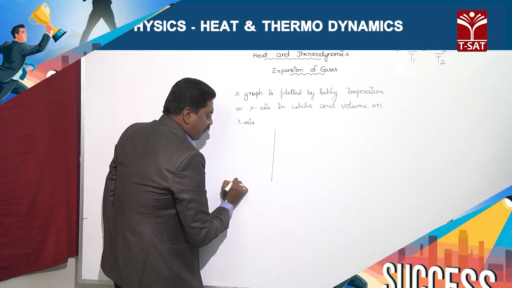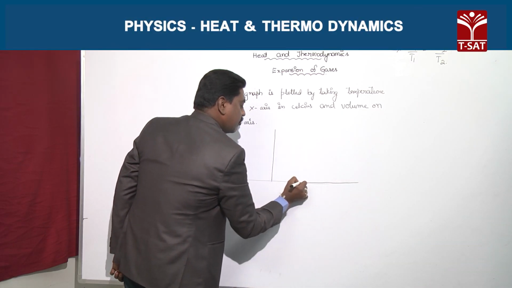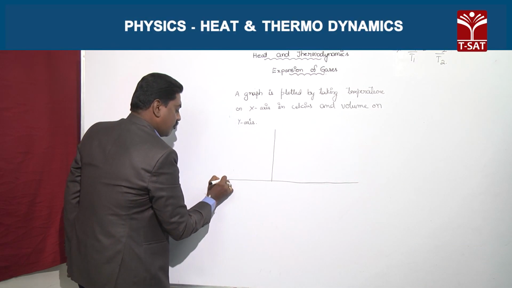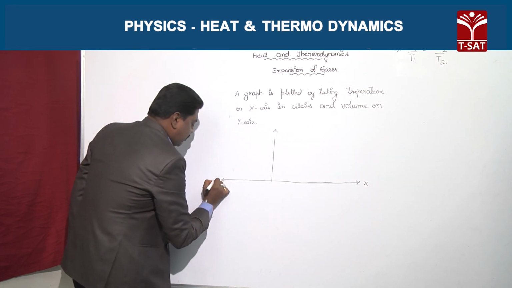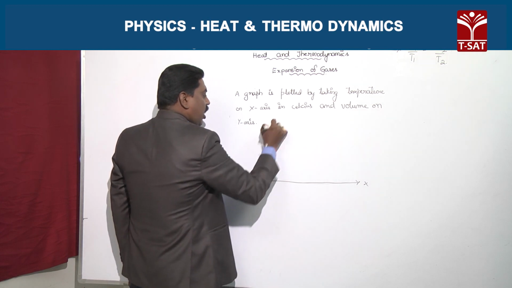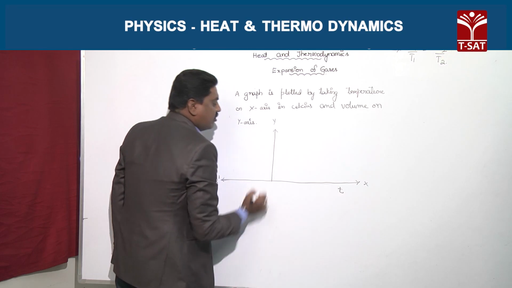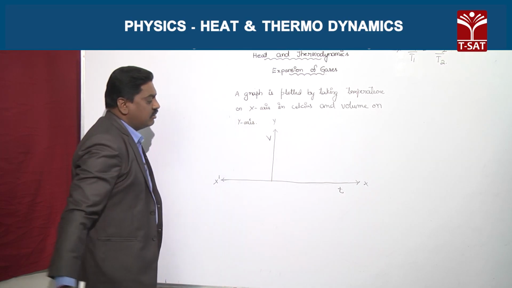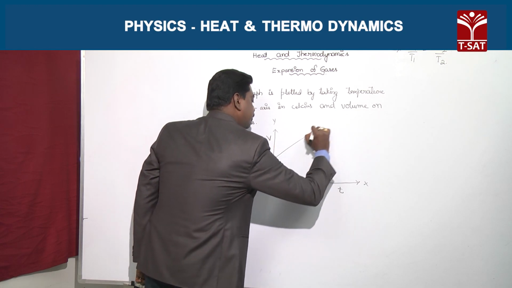The obtained graph is as follows. X dash is the axis and y-axis here. We take temperature on x-axis and volume on y-axis.